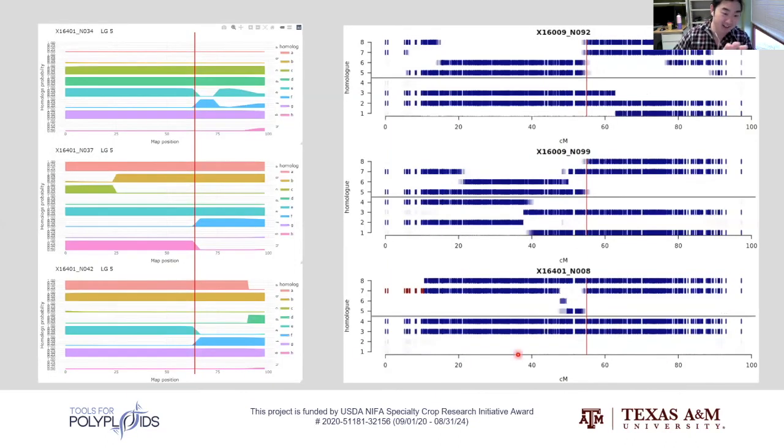And this next slide shows, on the left here, the 3 individuals that PolyQTLR said carried the resistant allele, but QTL Poly did not.